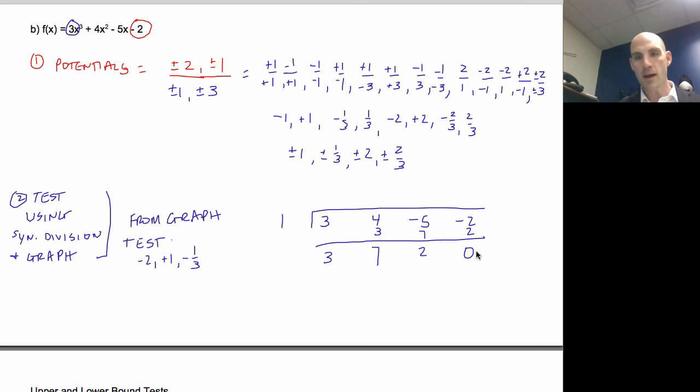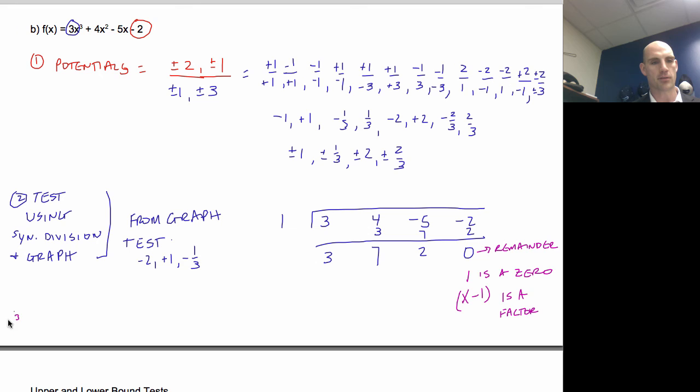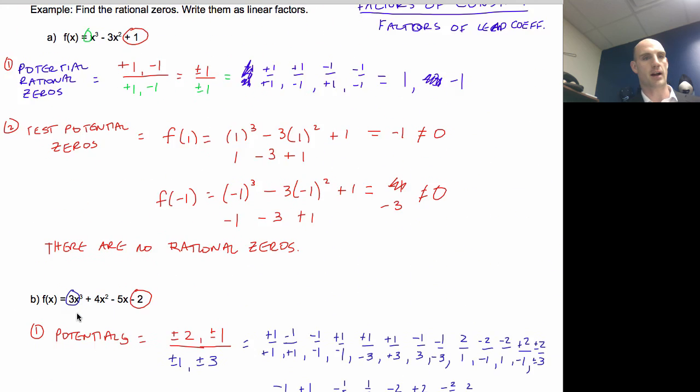This means that I have a remainder of 0. If there's a remainder of 0, that means an even division. So what that means is 1 is a zero. So x minus 1, x minus k, is a factor. And so if I look at what this means, I'm going to put a number 3 down here. I'm going to factor out, because it's asking me to find all the rational zeros, right?